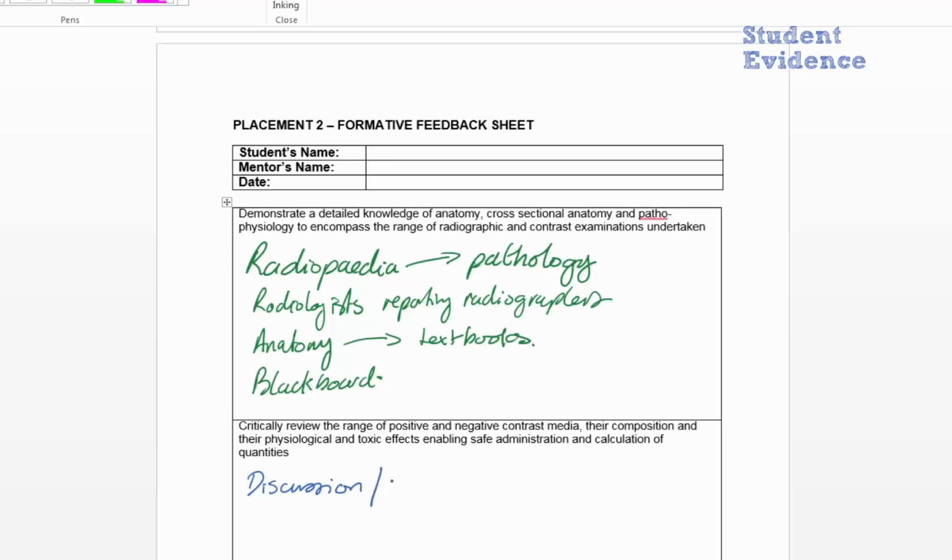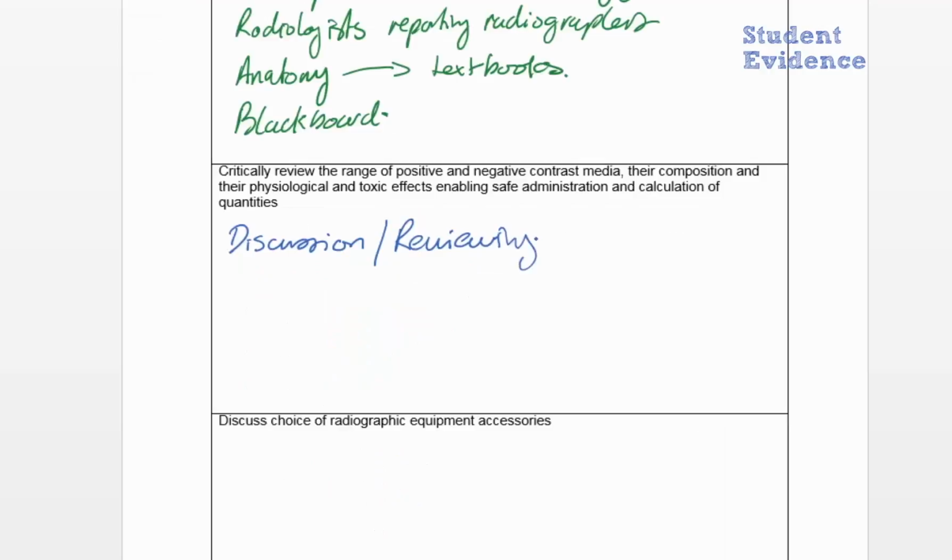So they could do things like reviewing local protocols, we could also look at the patient information that often accompanies contrast media.